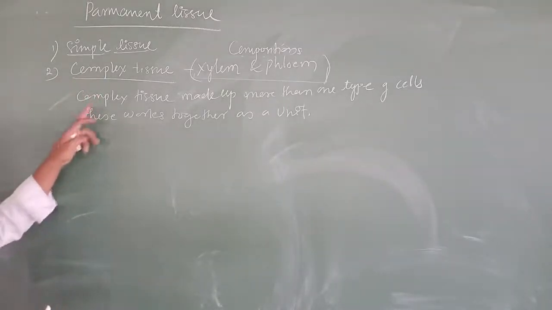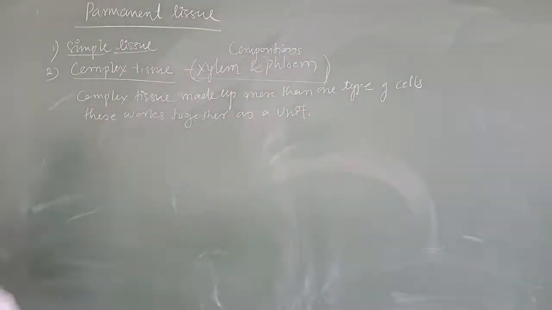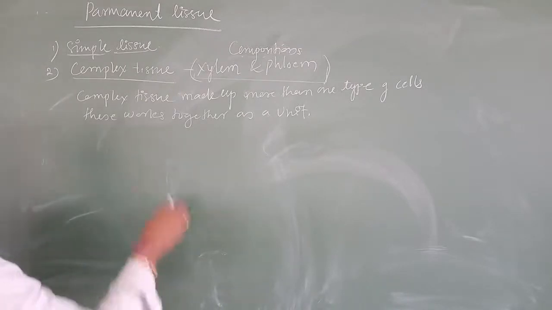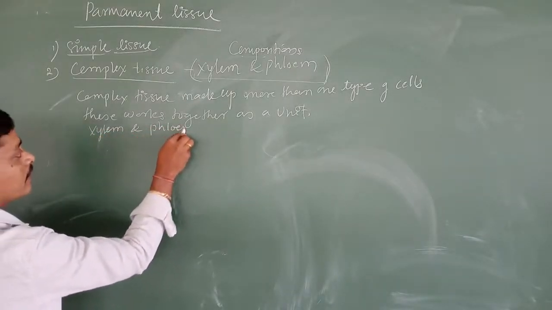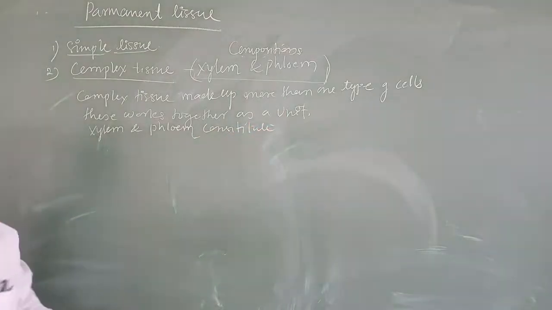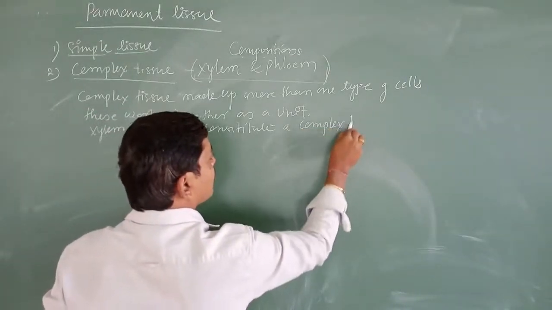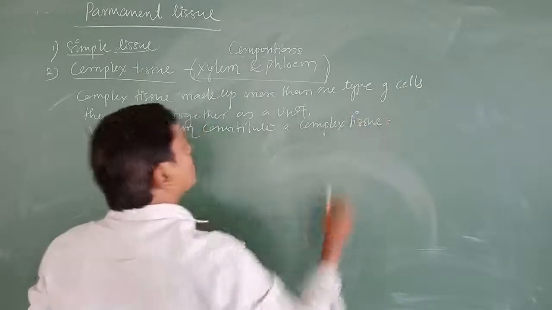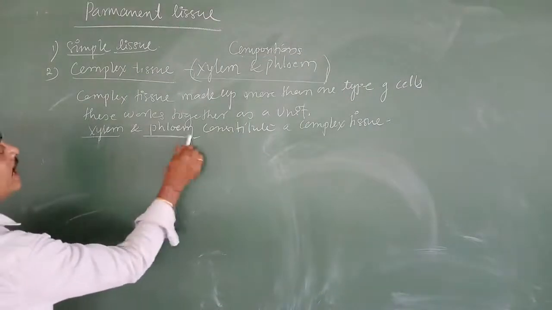In the sense, complex tissue is made up of more than one type of cells. These work together as a unit. Xylem and phloem constitute the complex tissue. Now we are going to start discussing xylem and phloem.